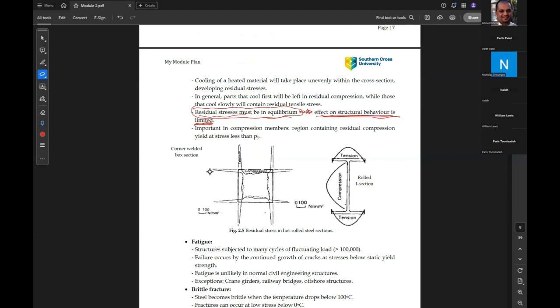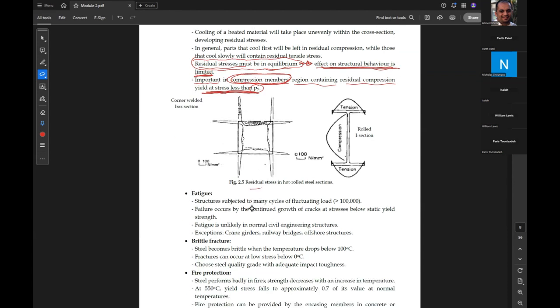These residual stresses are important in compression members, where the region containing residual compression stress reaches yield stress at loads less than the member yield. So it is important in compression members to keep the stresses less than the yield stress. Here is an example of residual stresses in a hot rolled I section.